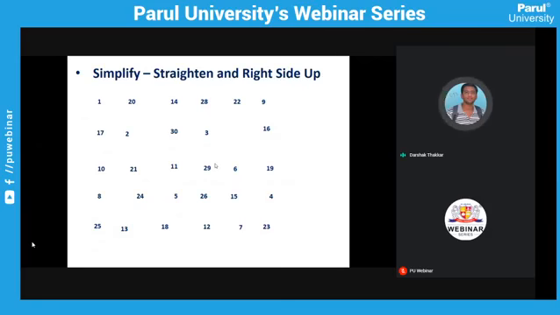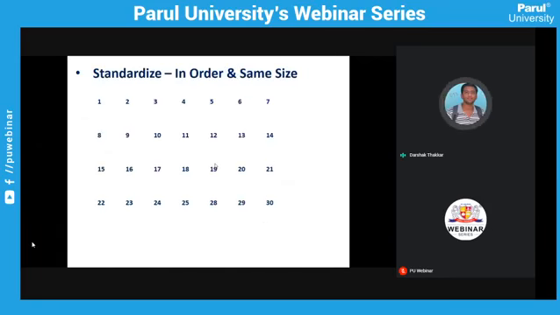So next we jump into the next slide, and we have arranged this in the systematic manner, like 1 2 3 4 5 6 7. So it is very easy to identify the maximum number is 30, right? Within a fraction of a second we can identify that here is the number 30.